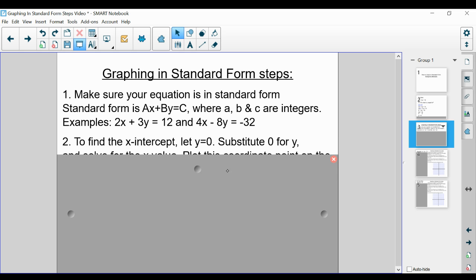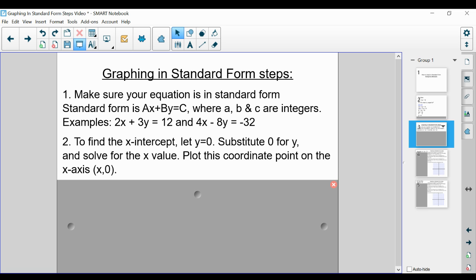So after we do that, then, to find the x-intercept, we're going to let y equal 0. We then substitute in 0 for y and solve for the x value. We're then going to plot this coordinate point on the x-axis. It should read out the x value that you just found, comma 0.